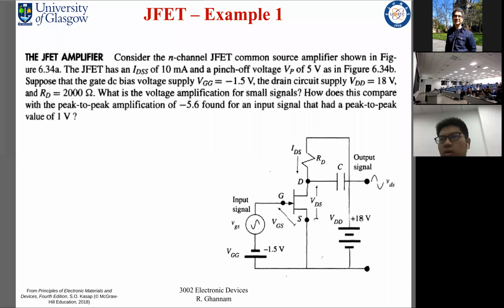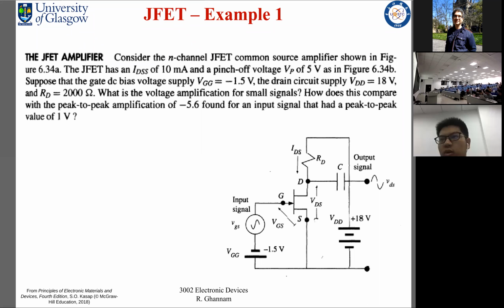So let us do this example with each other, because this provides a summary of what we have done. In this particular example, we have an N-channel JFET common source amplifier. The JFET has an IDSS of 10 milliamps. It has a pinch-off voltage of 5 volts.